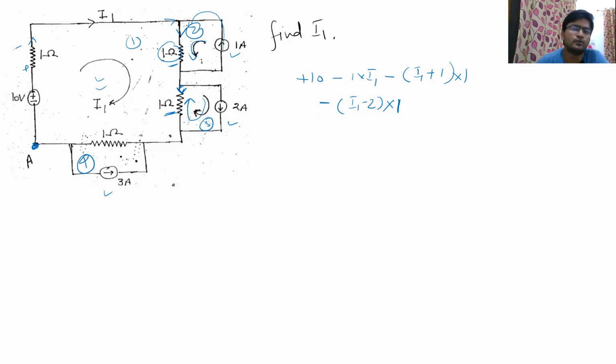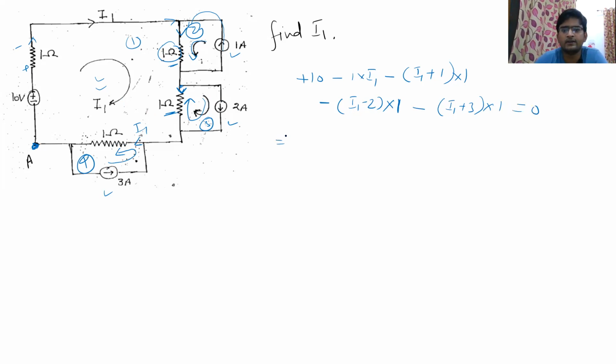And now if you move to the last loop, you will see that your I1 is going in this direction, and this 3 ampere current is also adding up, going in this direction. So here we will have an addition of I1 plus 3 into 1 ohm, and we reached back to A. So it will be equal to 0.